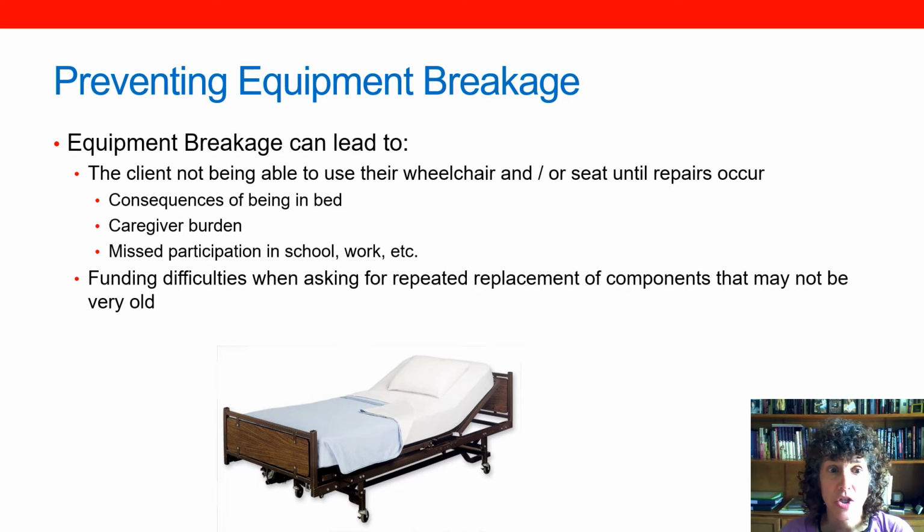Equipment breakage can lead to the client not being able to use their wheelchair or seat until repairs occur, depending on where and to what degree the damage has occurred.